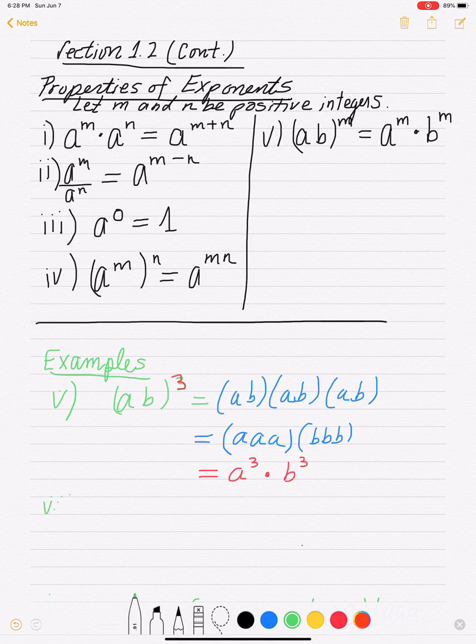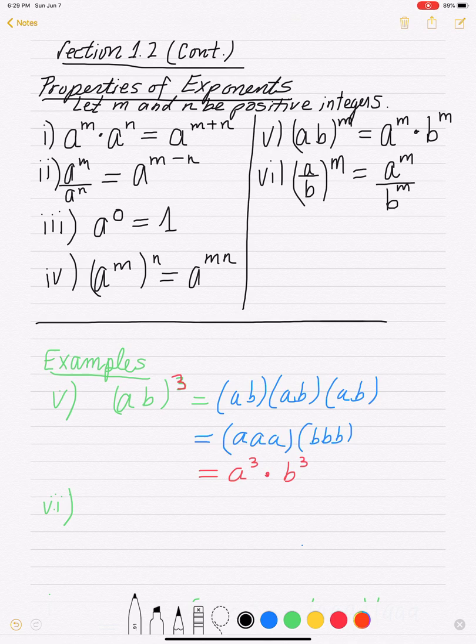Number 6. I got to write it down up top, the general property. Let's say I got a fraction, a over b, to the nth power. So if I have a fraction, a over b to the nth power, I can distribute the nth power to the top, the numerator, and distribute it to the bottom, the denominator.